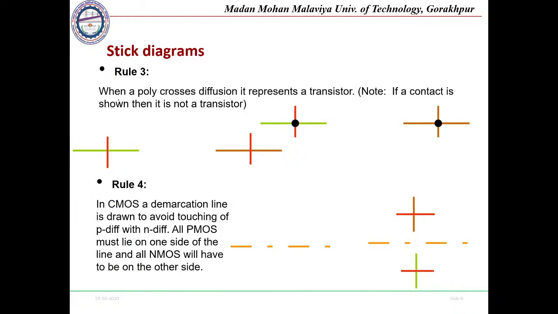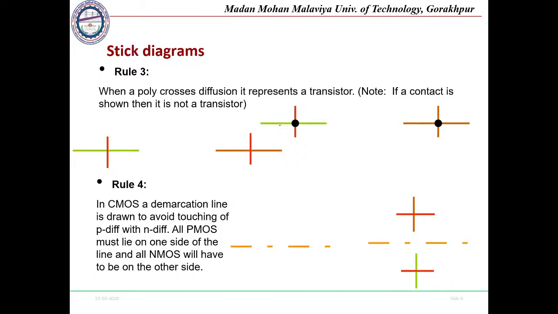Rule number 3: when polysilicon crosses diffusion, it represents a transistor. The diffusion region is either p-type or n-type. A green color line shows that an n diffusion is there.